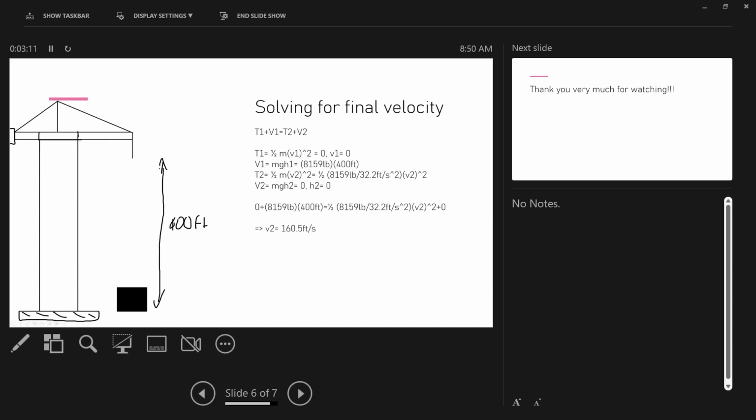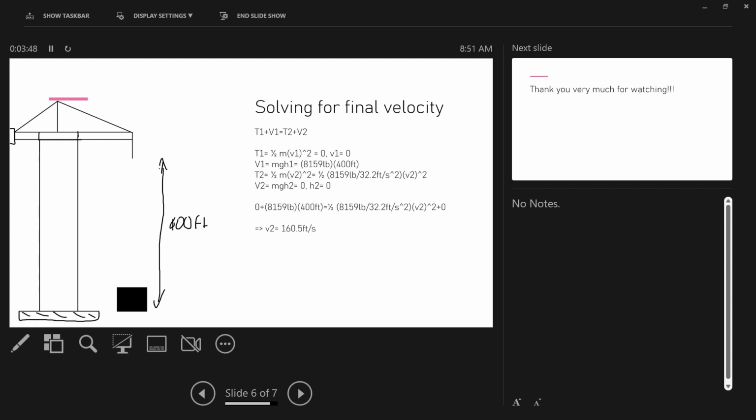The initial potential energy, which is mass times gravity times starting height, will be the weight times the initial height. And for the final kinetic energy, it will be 1/2 mass times final velocity squared. And here will be its equation, which is 1/2 the weight divided by gravity times the final velocity squared.